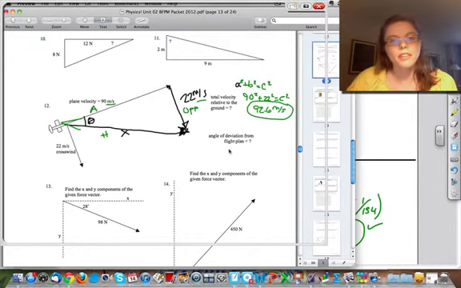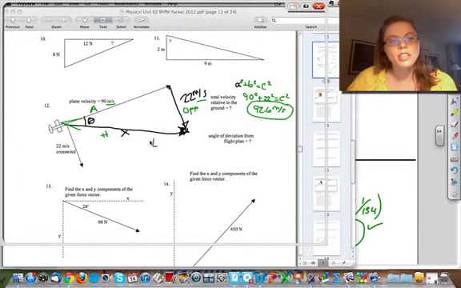There we go. Okay, so we want to find the angle, so tangent theta is equal to opposite over adjacent. So tangent theta is equal to opposite, which is 22, over adjacent, which is 90.